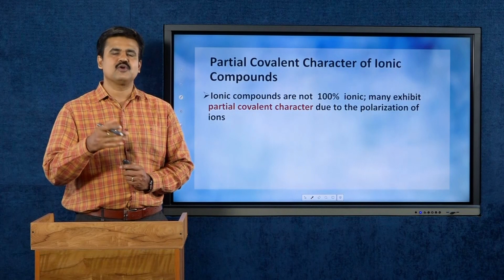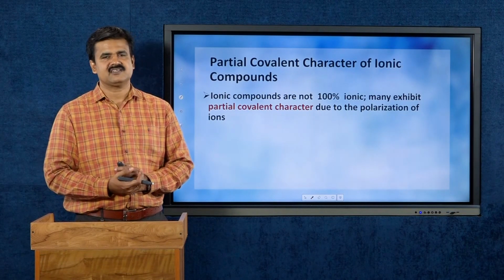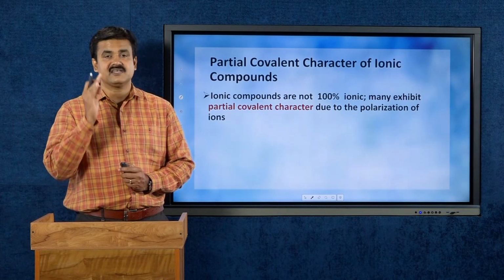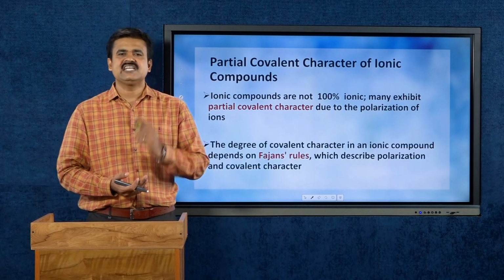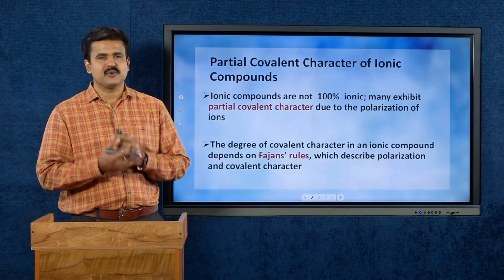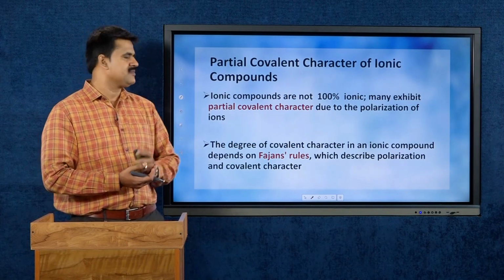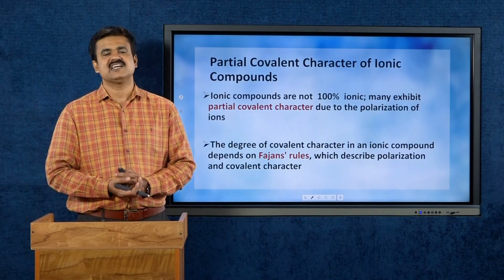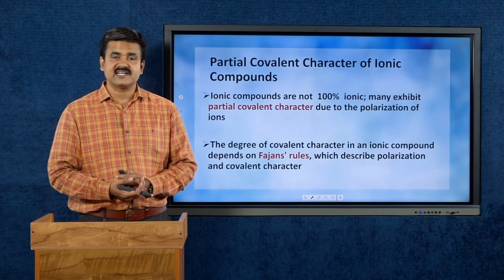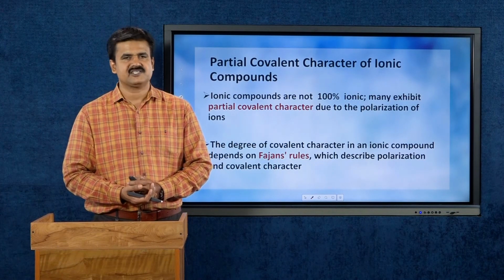So, ionic compounds have some covalent character, and that covalent character is due to polarization. The degree of covalent character in an ionic compound depends on a set of rules called Fajan's rules. These Fajan's rules describe polarization and covalent character.